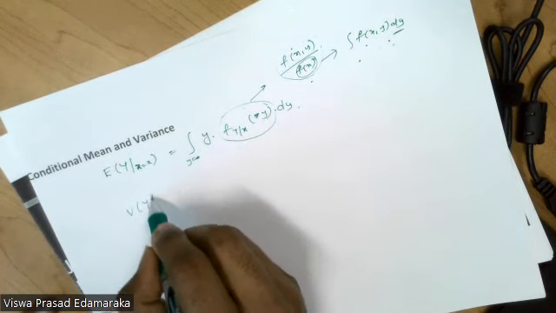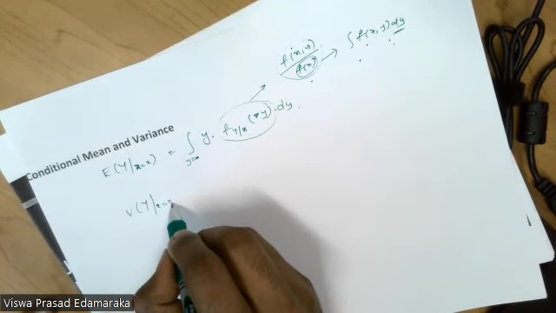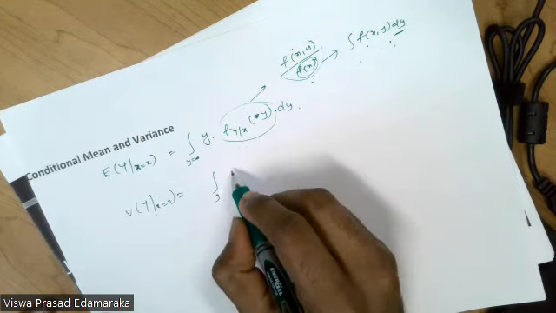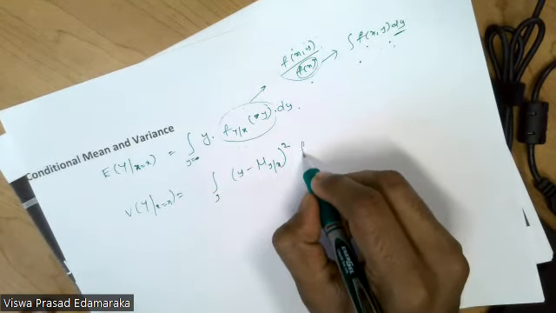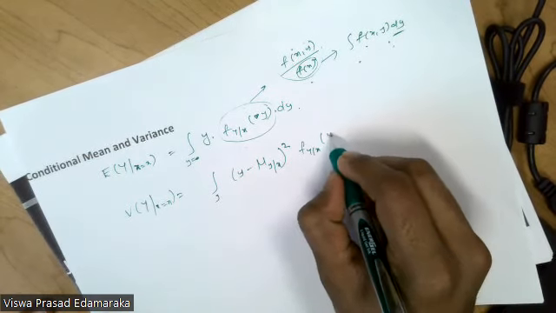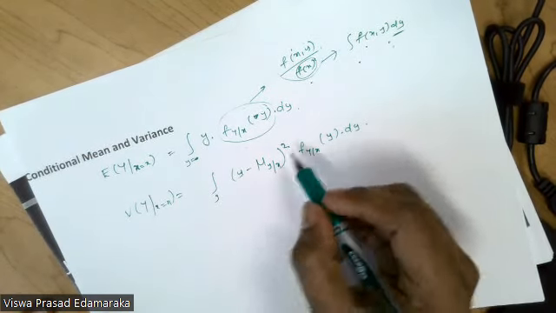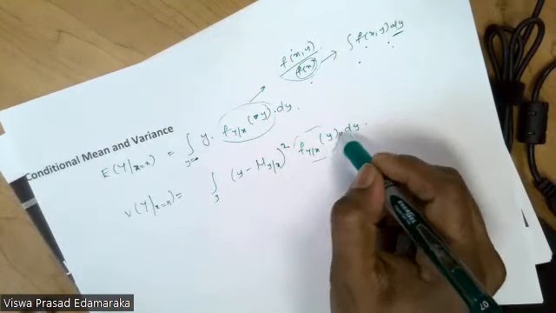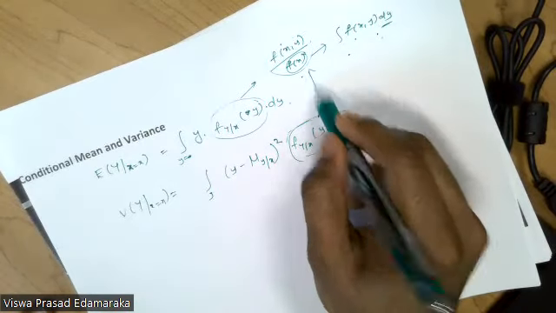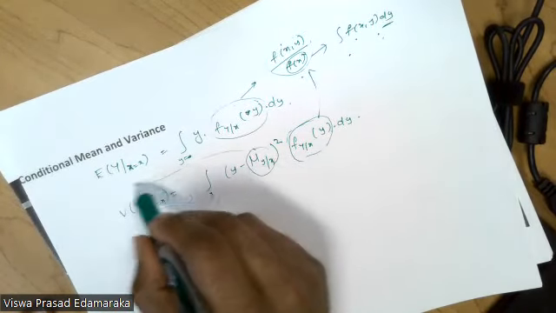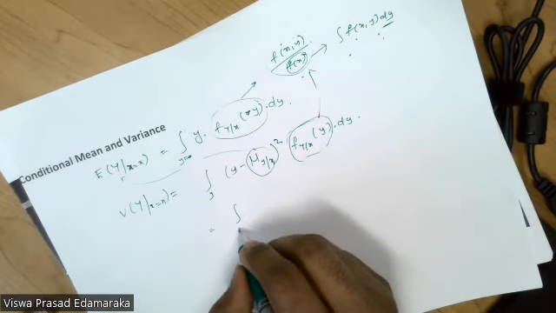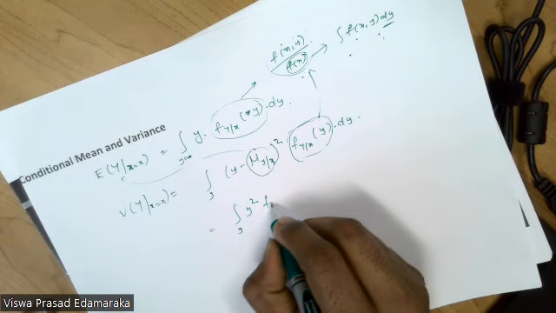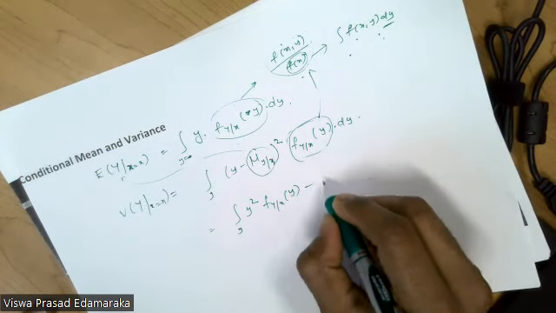Similarly, variance of y given x equals x is the integral over y limits of y minus mu given x, whole square, f of y given x dy. Here also same thing, we'll get it from here, so directly substitute. Another form is E of y square given x minus mu square.